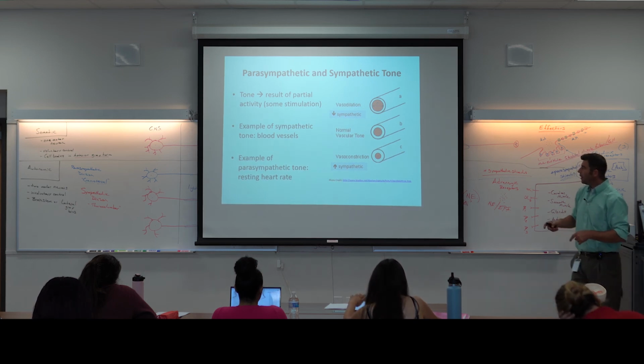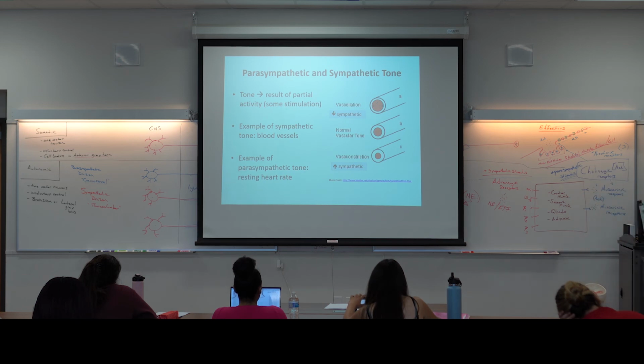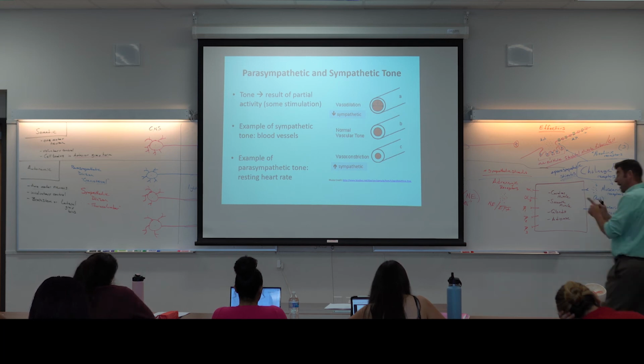In fact, the only blood vessels that are not controlled by the sympathetic division are the blood vessels that go to erectile tissues in males and females. In the erectile tissues of males and females, it's the parasympathetic stimulus that controls whether those blood vessels are constricted or dilated. That's the exception.